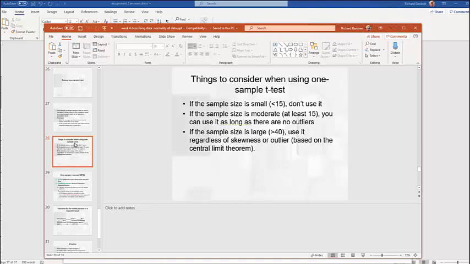pretend you're an 11th grade teacher, you wanted to check your class's math scores against the California State average, right? So the California State Department of Education, they say, oh yeah, the average on this test was 77.9.